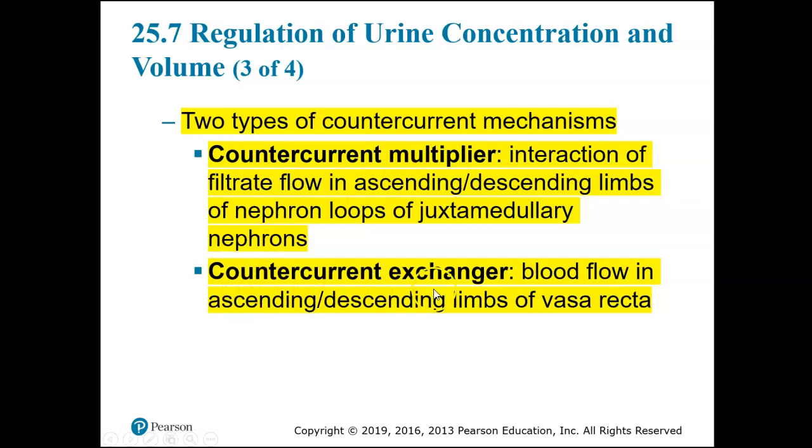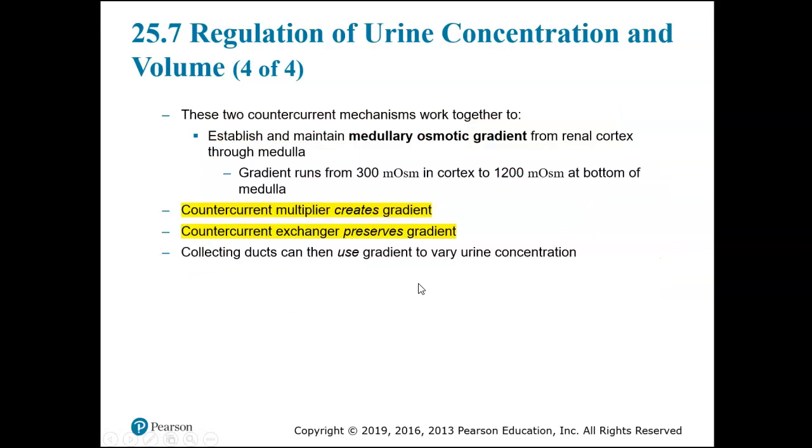Countercurrent exchanger refers to the blood flow in the vasa recta that, of course, travels parallel to the nephron loops. So the multiplier is referring to the composition of the filtrate in the nephron loop, whereas the exchanger is referring to the relationship between the blood and the loop.